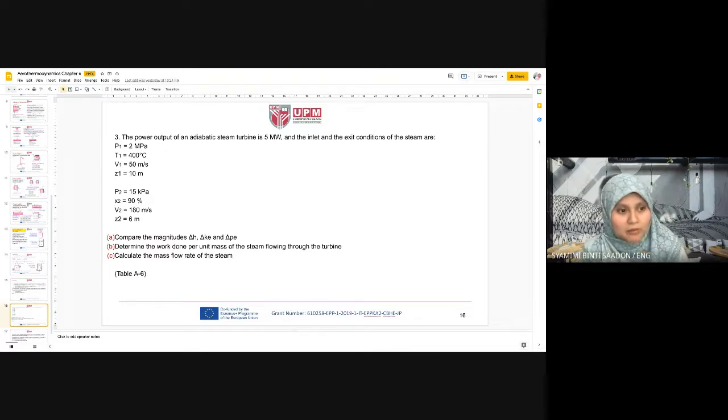You can look up in the slides also, chapter 6. I think it's already written there, the energy balance for a turbine. What do we assume?